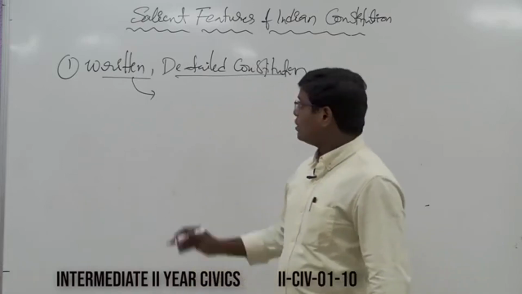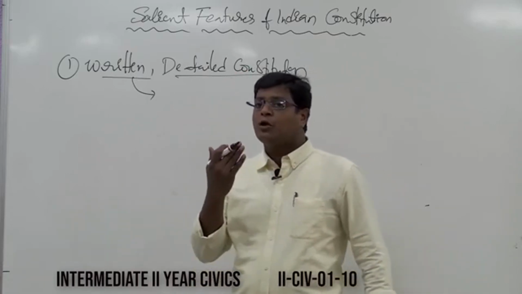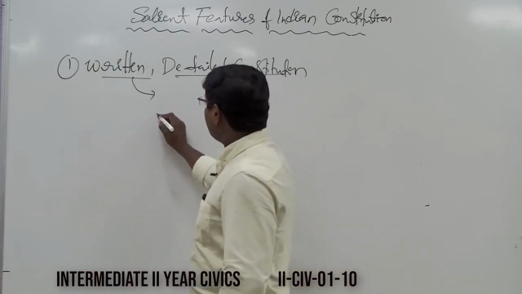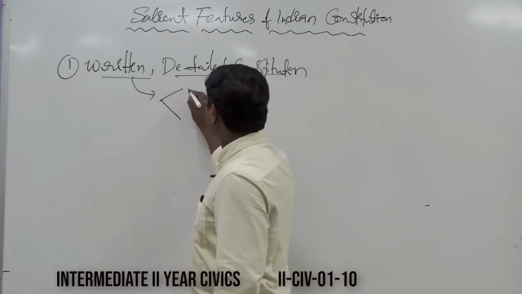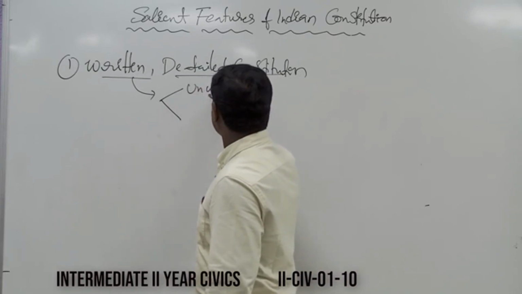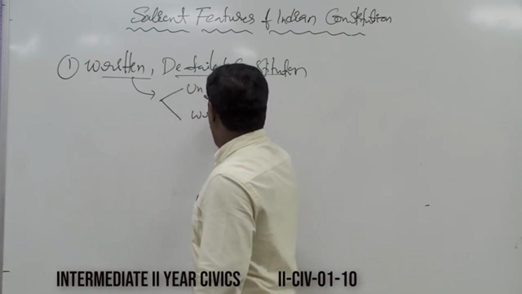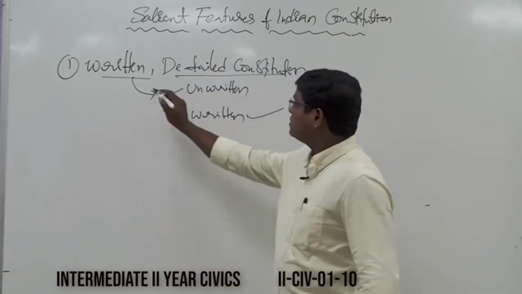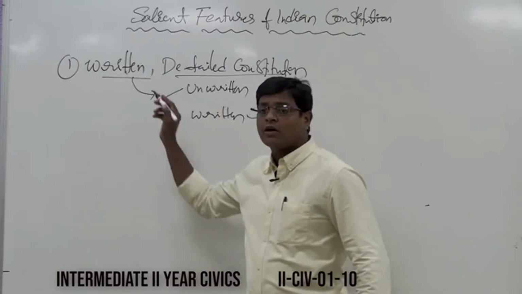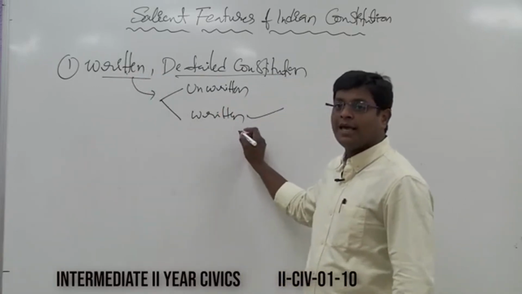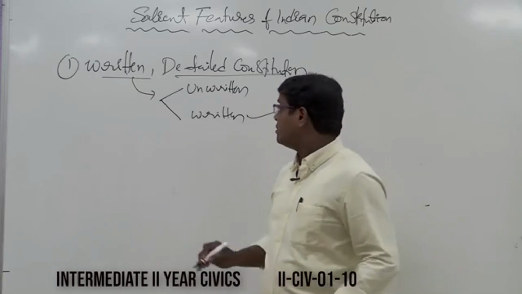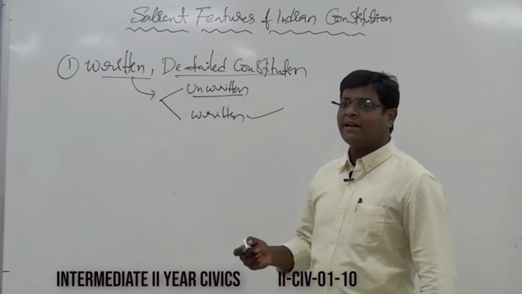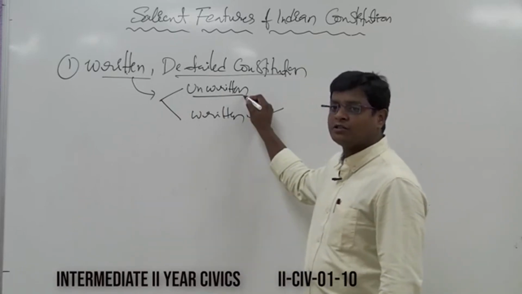You know very well, constitutions are classified into two types based on their nature. Some are in an unwritten manner, some in a written manner. A constitution which is in written form is called a written constitution, whereas a constitution in unwritten form is called an unwritten constitution.